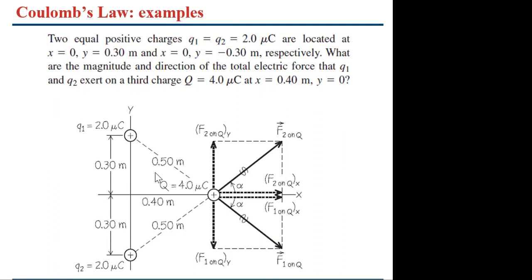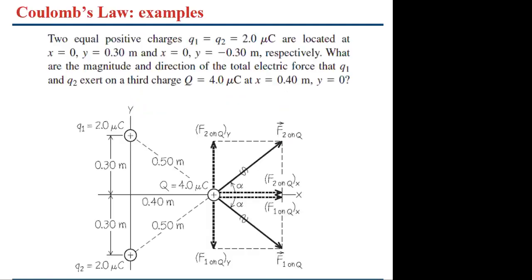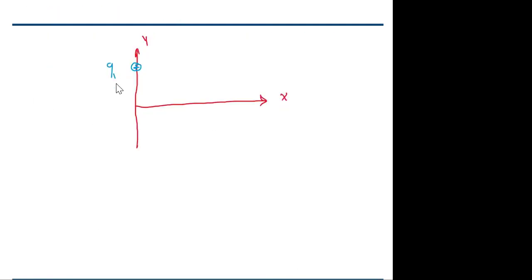So I would like always to draw the situation again. So what we have: x and y axes. This is our y axis, and this is our x axis. He said that there are two charges, positive, Q1 here, and another charge, Q2, here.